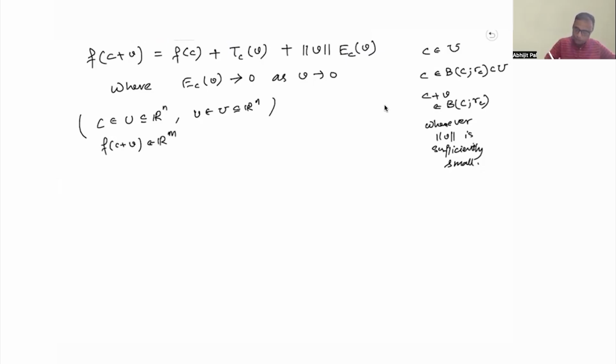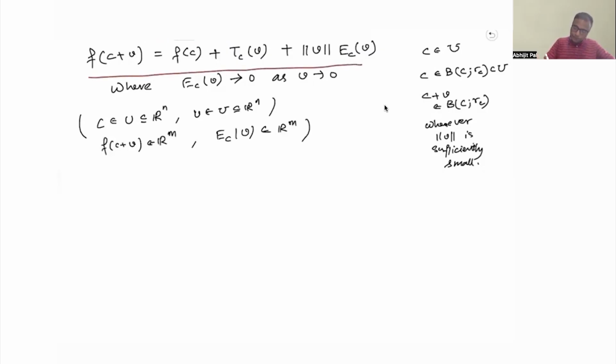All right, and so this error term belongs to your Rm. Okay, so I have given the definition of differentiability of f if this equation is satisfied.